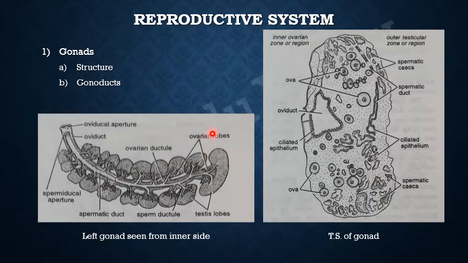If we are seeing the animal from the right side, the gonad will be seen like this, one side of the gonad, which is present below the pericardium, and the spermatic duct, it is situated inside towards the branchial sac, or attached or placed in the groove of a branchial sac.